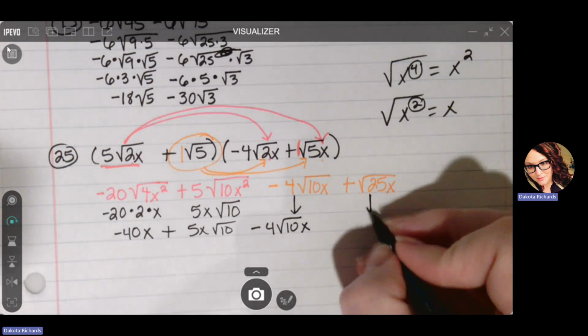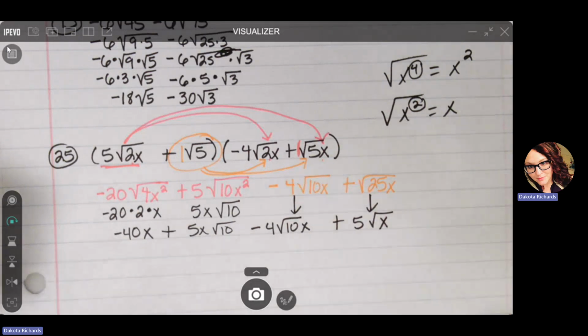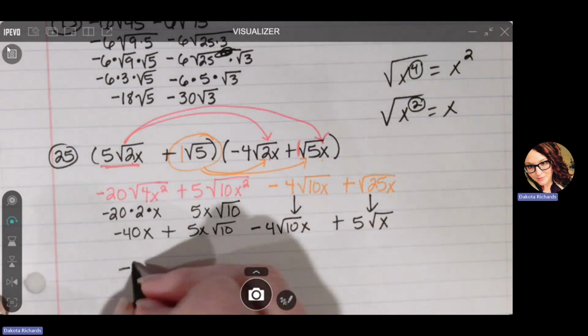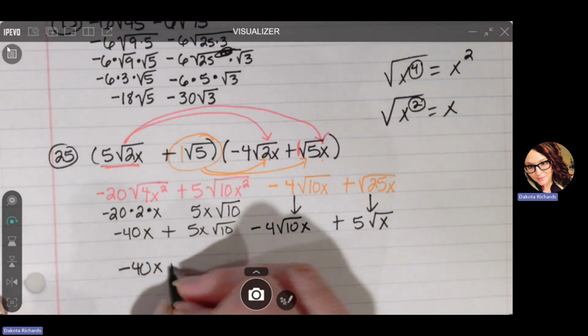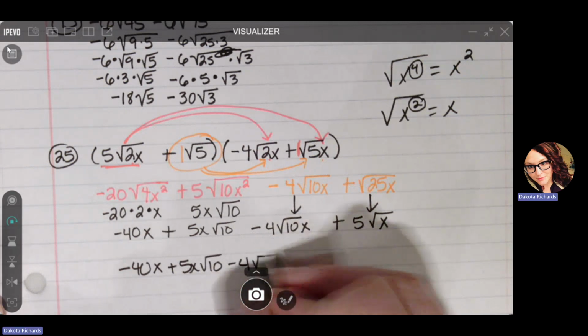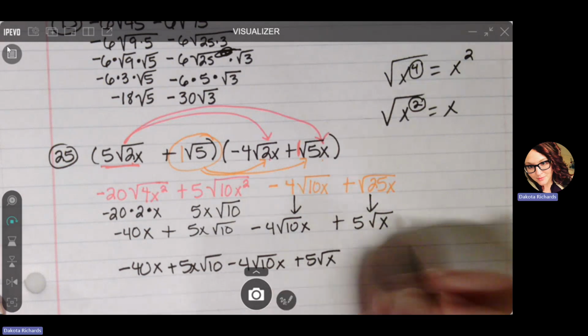So this becomes plus 5 square root x. Okay, take a good look at that. Now, is there anything we can combine? I don't see anything. So this is your final answer. -40x plus 5x square root 10 minus 4 square root 10x plus 5 square root x.